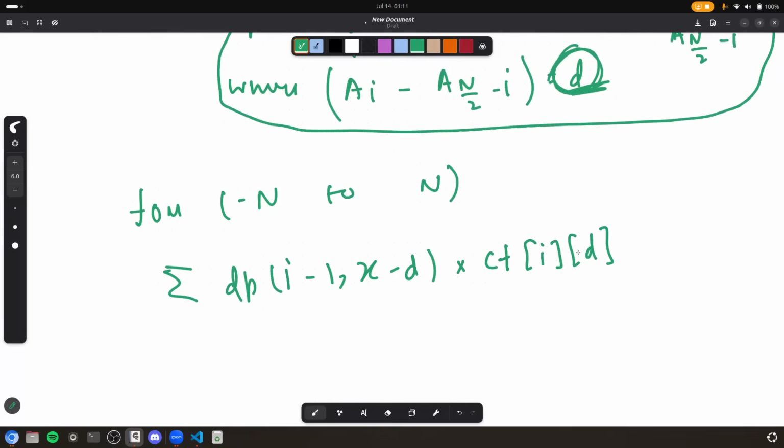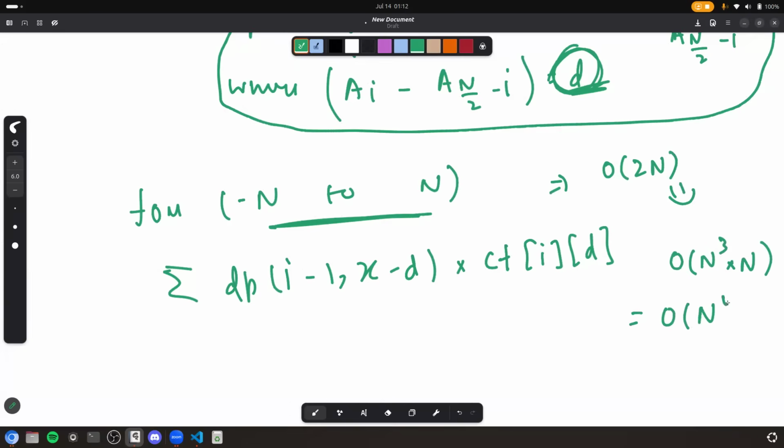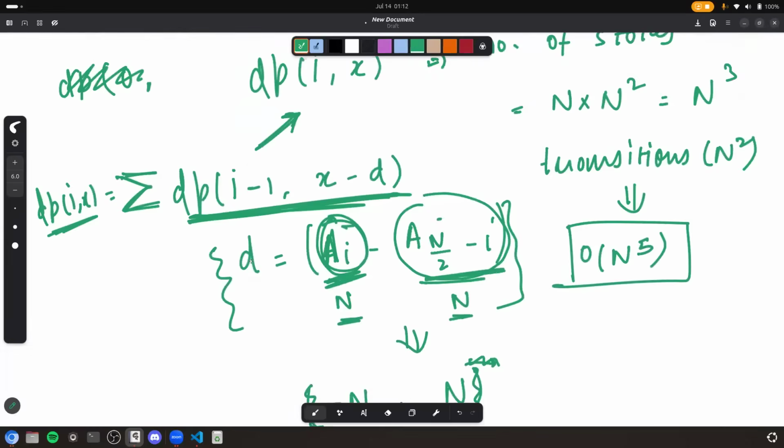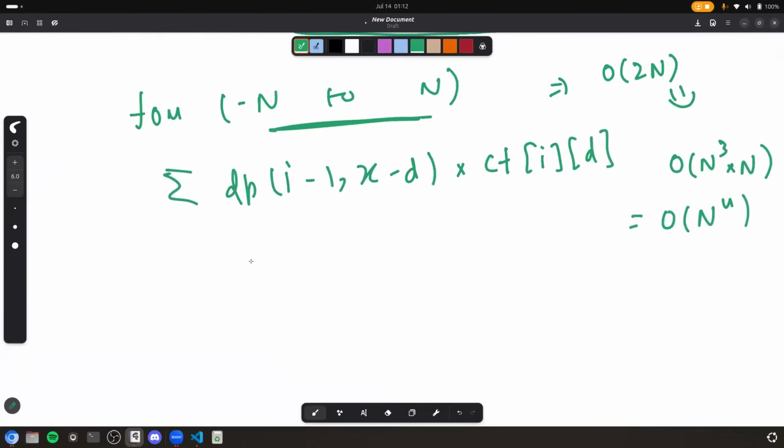And since d is only from minus n to n, now our transitions would be O(2n). And the total time complexity would now become O(n cubed), which was the state, times n, so O(n^4). So we have reduced our time complexity from n^5 to n^4.